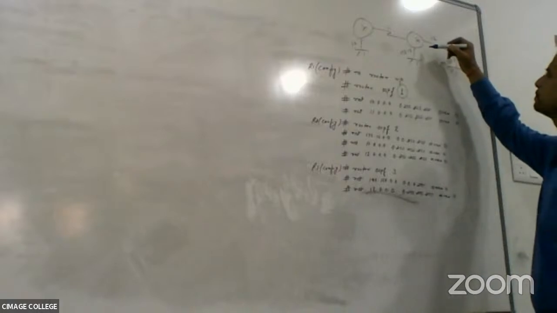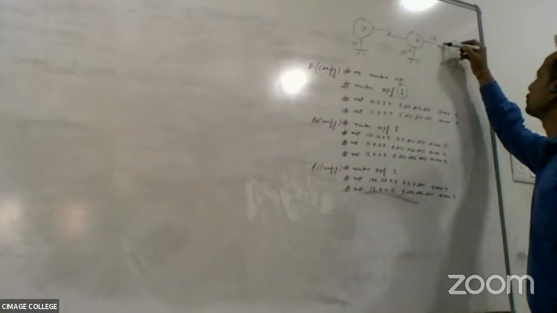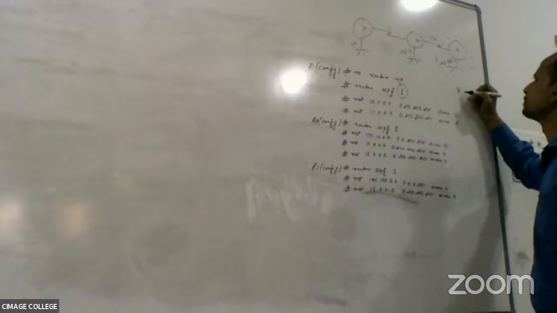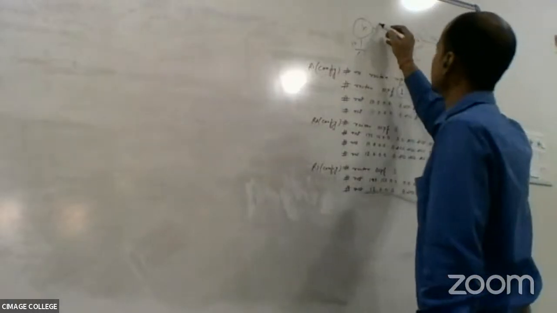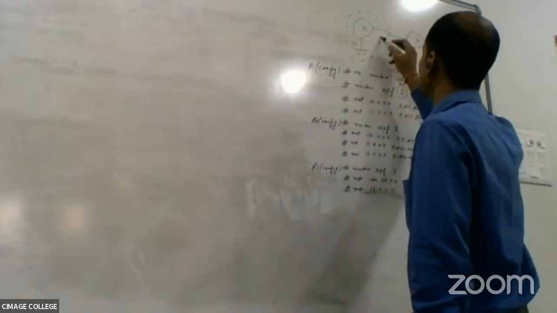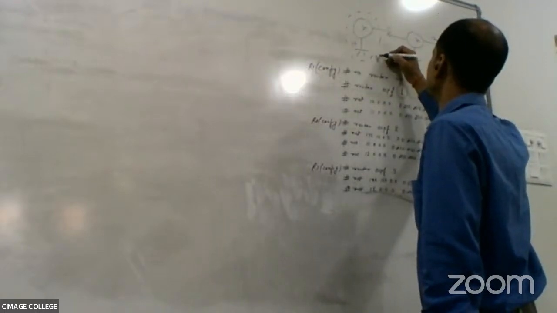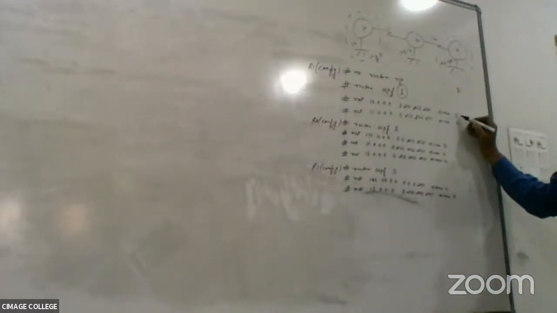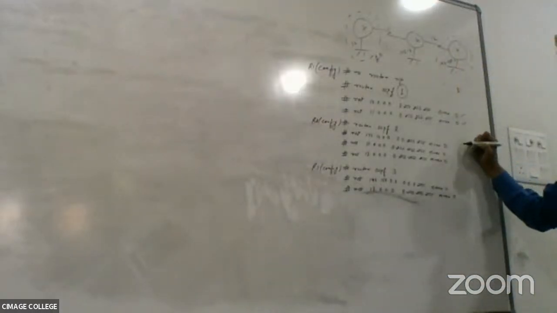We will keep this router in area 1. This router in area 0. Fine. Then it is okay.